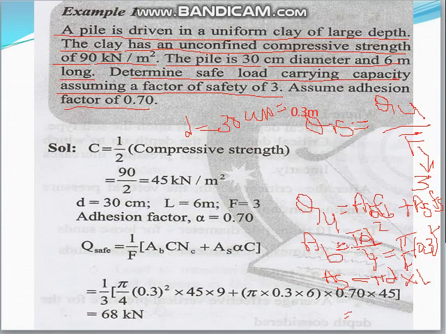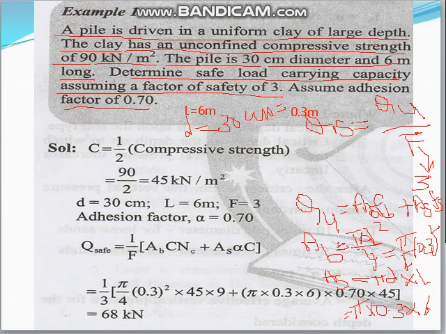Similarly, the length of the pile is given as 6 meters. Length is equal to 6 meter and diameter is 0.3 meter. By substituting these values here, we'll get pi into 0.3 into 6.